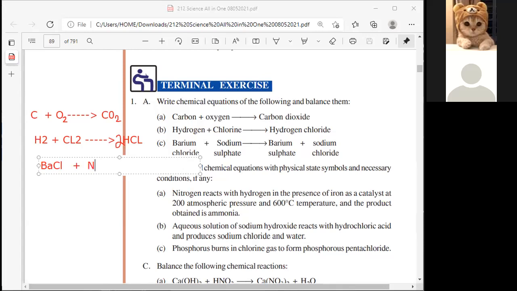Sodium is going to be Na2SO4. Correct? Yes, ma'am. Then what do I do? BaSO4 and NaCl. Very good.